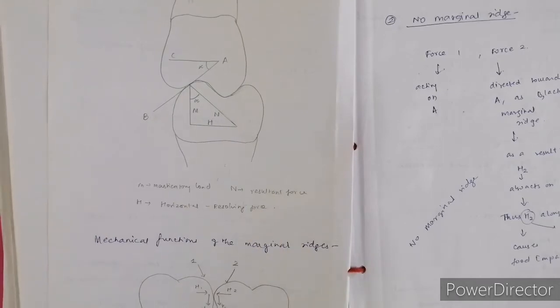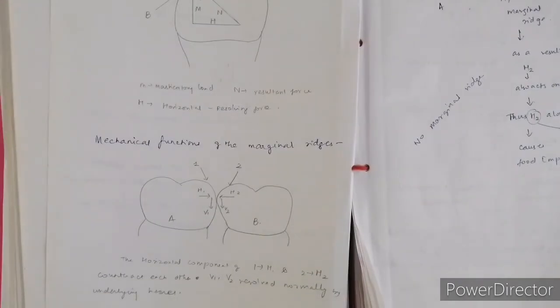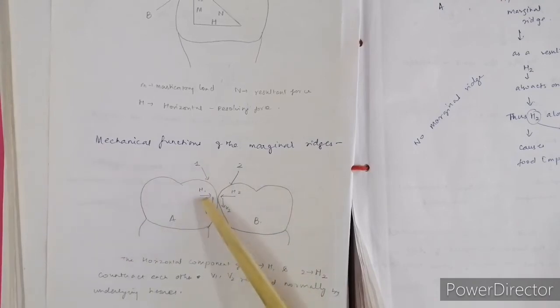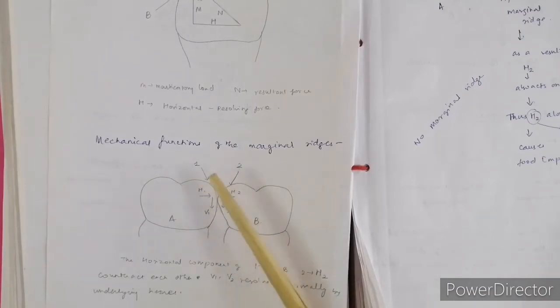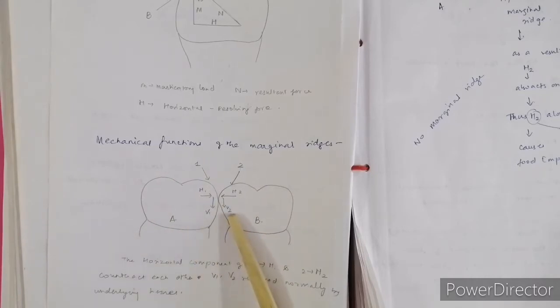So, mechanical functions of the marginal ridges. Marginal ridges are very important in order to withstand the masticatory loads. Now let us consider tooth A and tooth B. Force 1 and force 2 are acting on these two teeth. Force 1 is acting on the marginal ridge of A, while force 2 is acting on the marginal ridge of B. As a result of these two forces, horizontal resolving forces and vertical forces are developed.